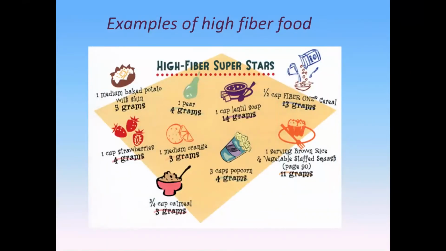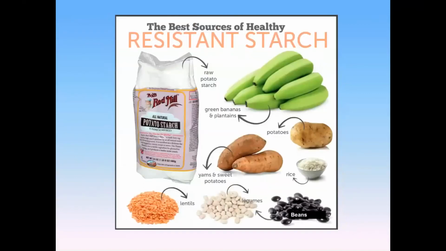Now, these are examples of high fiber food. We have lots of fiber found in our food, like vegetables, fruits mainly, and seeds and legumes. So you can always look for references online and know how much fiber you are consuming.